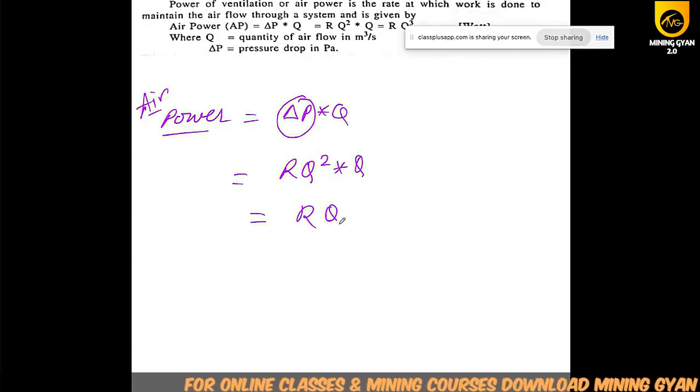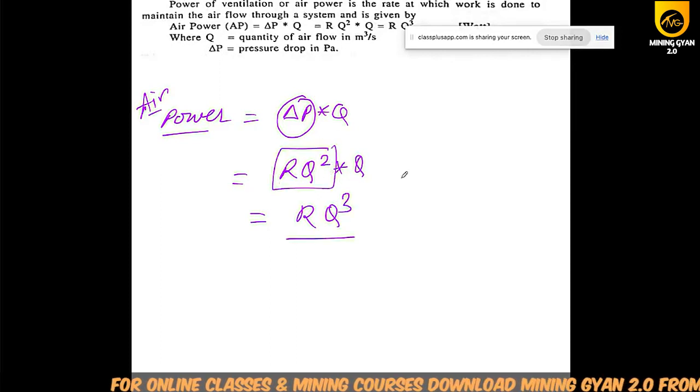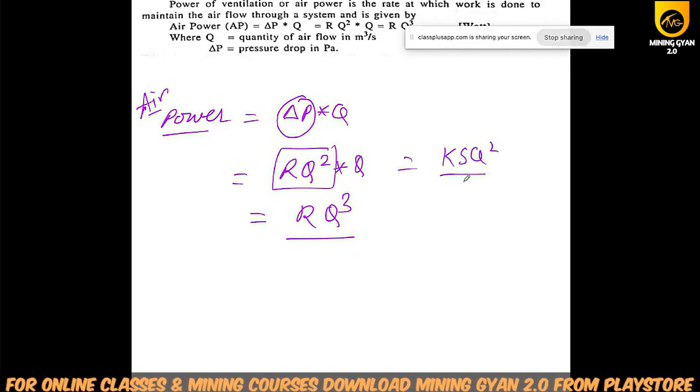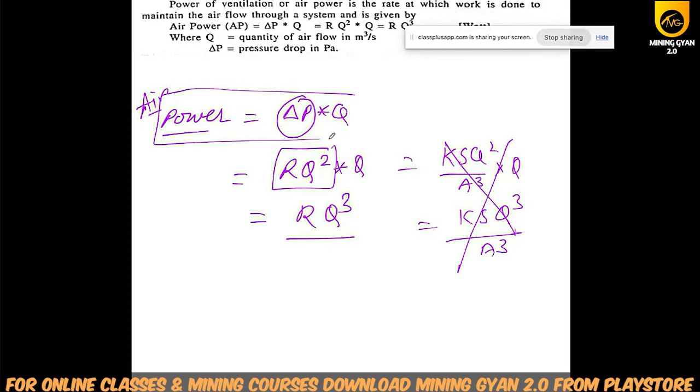You can also write delta P equal to Ks Q square by A cube into Q. It will also become Q by A cube. So you can use that formula also. Just remember this formula, and another formula you already remember, so you can calculate.